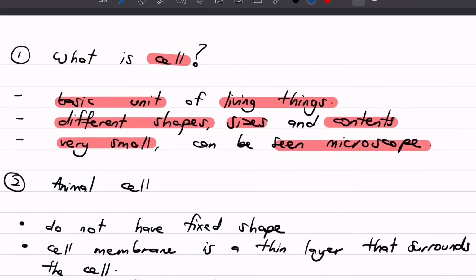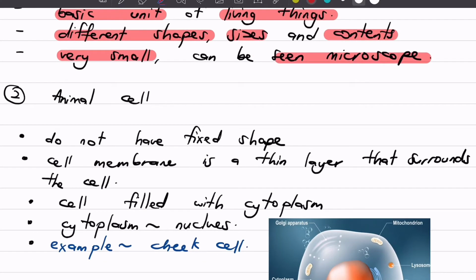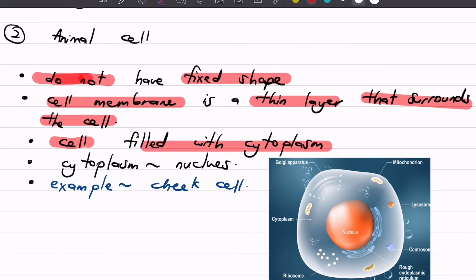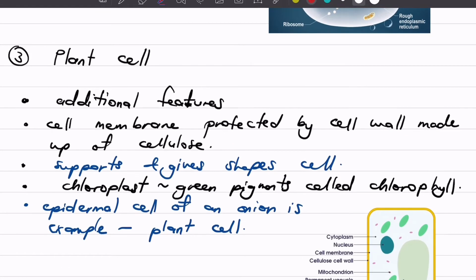Okay, I'll repeat once more. So for the animal cell, it does not have a fixed shape. The cell membrane is a thin layer that surrounds the cell, and the cell is filled with cytoplasm. And inside the cytoplasm there is a nucleus. The example of an animal cell is a cheek cell. Next, the plant cell has additional features which are not present or visible in animal cells.